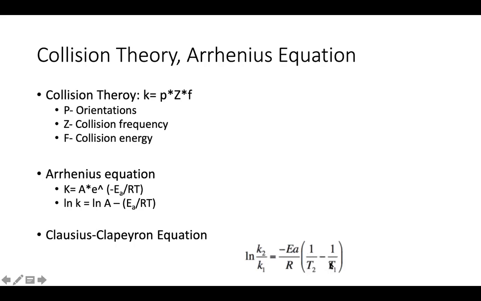So you might be solving for T2, T1, k2, or k1. They also could have you evaluate it for activation energy. You should, again, be very familiar with this equation from your lab sections, from hopefully practice up to this point, but you should definitely expect to see this at some point on the exam.